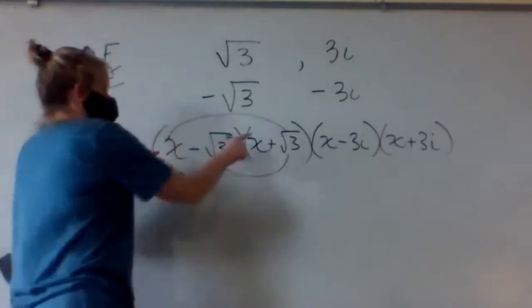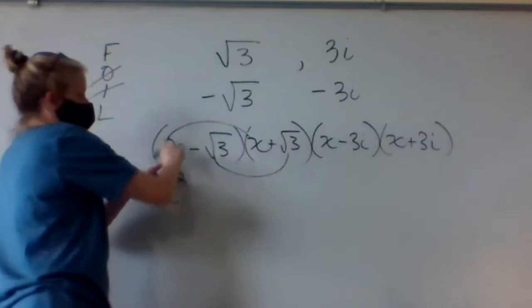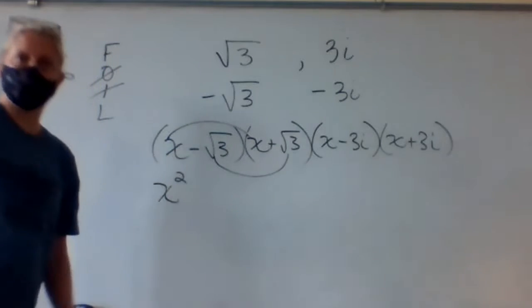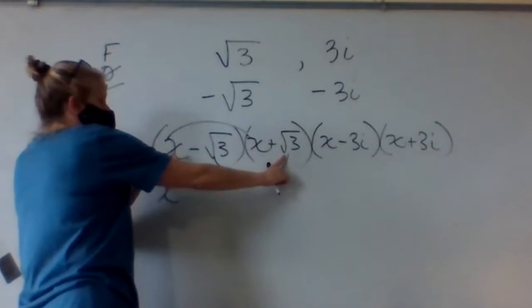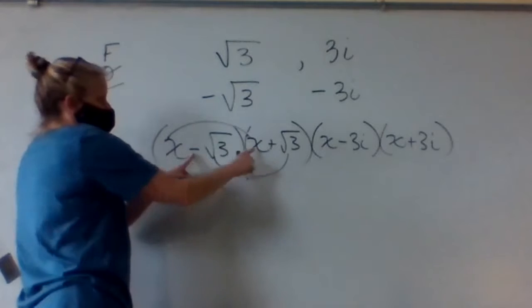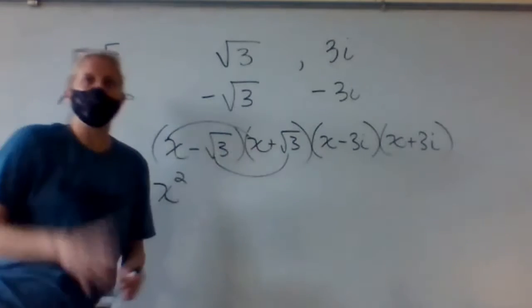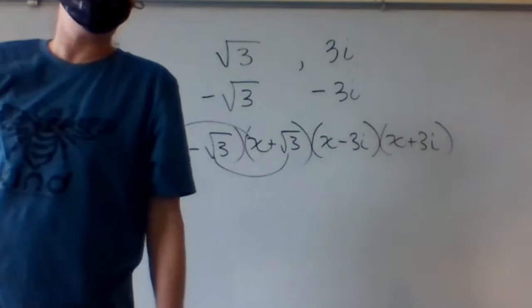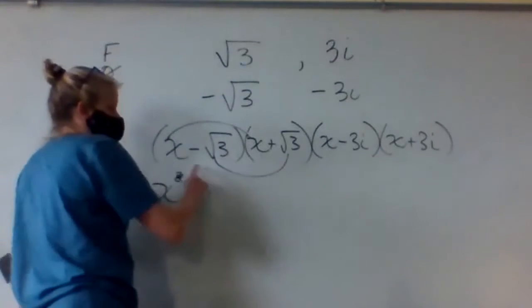So I did x times x to get x squared. Now, just in our head, on the outer, I'd have positive x square root of 3. On the inner, I would have the opposite of that, right? Negative x square root of 3. So I'm not even going to do those. I'm going to do the first, x times x, and then I'm going to jump straight to the last.